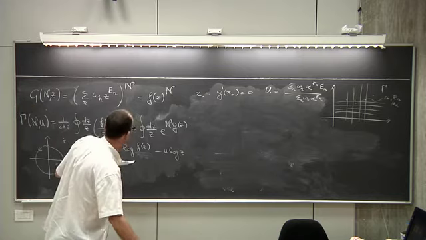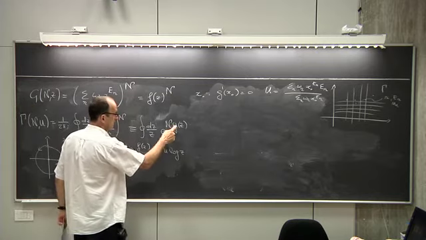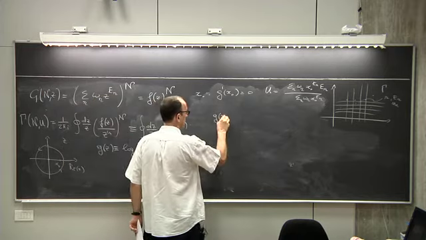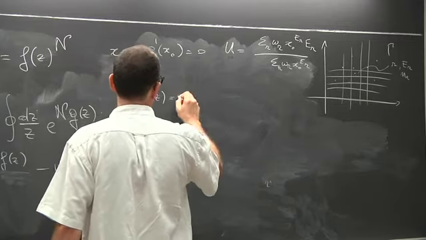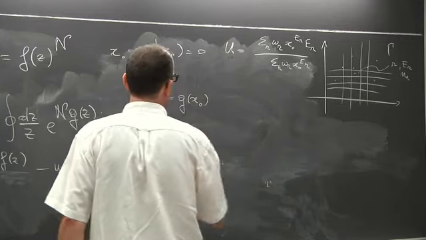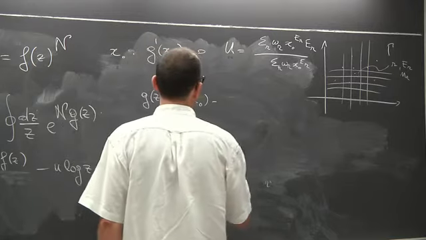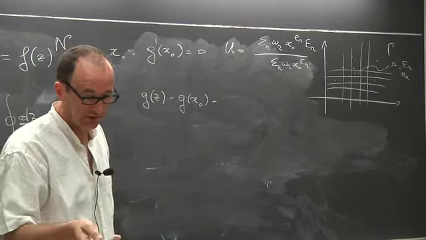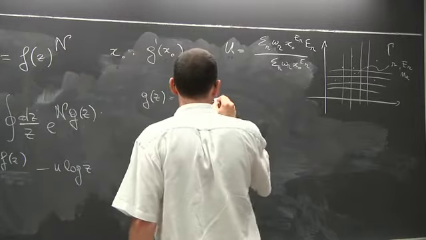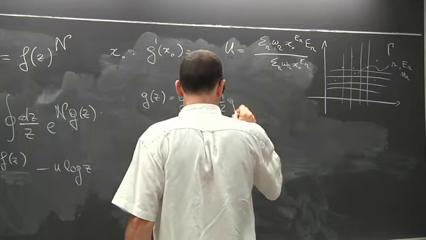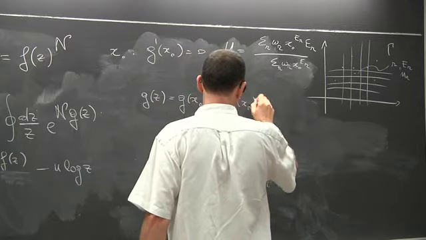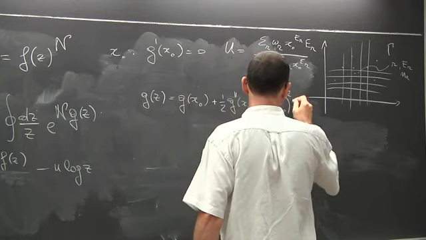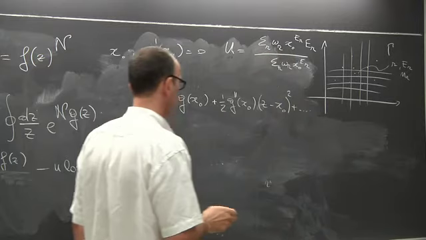Then, since this is a minimum, I will expand g of z around x naught. So there will be g of x naught plus the first derivative of g in x naught, which will be equal to 0, and I have only the second derivative in x naught times z minus x naught squared, plus higher order terms.